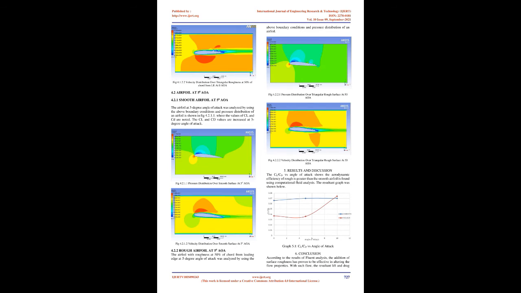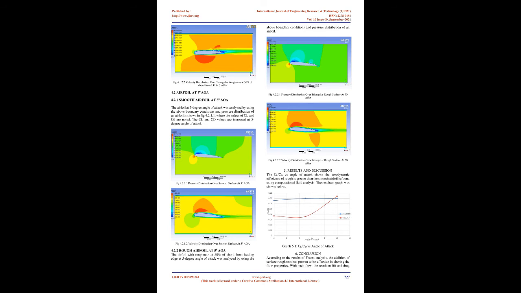Then we designed a rough surface on the NACA aerofoil at 2 different positions and 2 different shapes. The first position of roughness is created at 30% from the leading edge, shown in figure, and the second position of roughness is created at 50% from the leading edge, shown in figure. Shapes such as rectangular and triangular roughness are created.